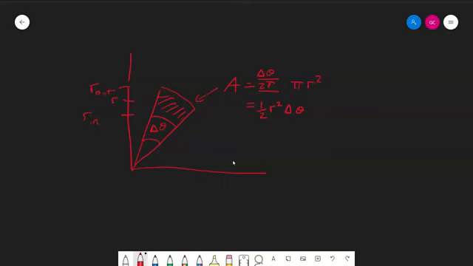Okay, well now I need to update this. The area that I had before was for this entire slice, which is now using what I'm calling r outer. So that's the area of the whole slice.